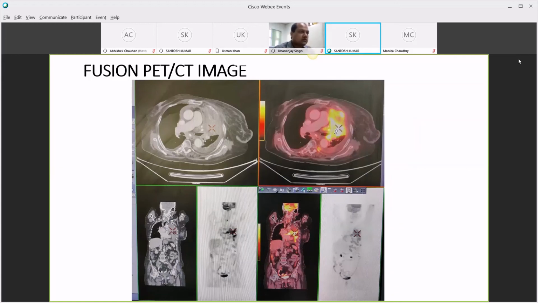I think this is a time and an era where we require multimodality, and it should be available to a small center also, when they are just having the CT scan. They might be able to fuse that CT scan with the nuclear medicine scan, which normally the big centers are having.